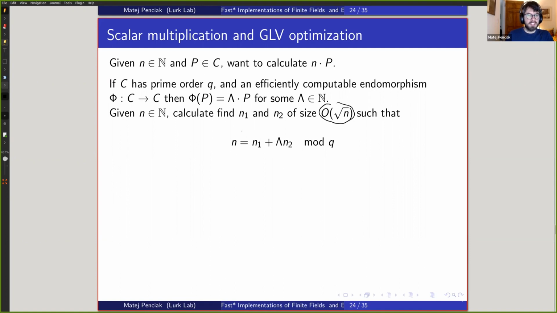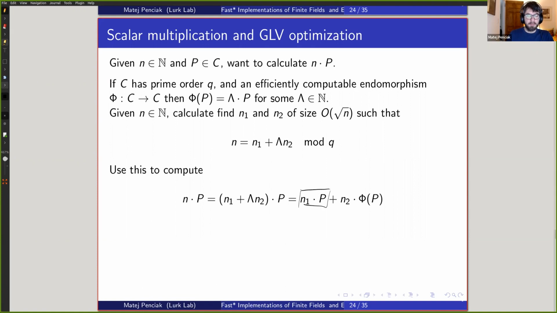And the way one does this is you pre-compute this lambda, and you use lattice reduction methods to write n as n1 plus lambda n2, and then n times p ends up being simply n1 times p plus n2 times the efficiently computed endomorphism phi of p. So notice here that we actually aren't multiplying lambda times p. We're just multiplying n2 times phi of p, where phi is this efficiently computed endomorphism.